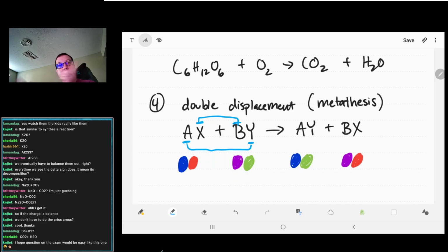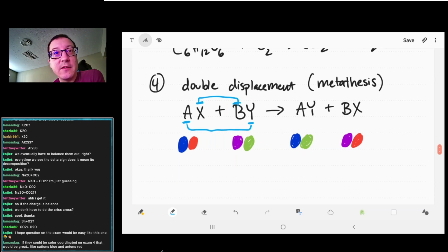We're just swapping them. And as you can see here, I've done this with colors as well. So dark blue was with the red one, and now dark blue is with the green one. Purple was with the green one, now it's with the red one. So they've just swapped.